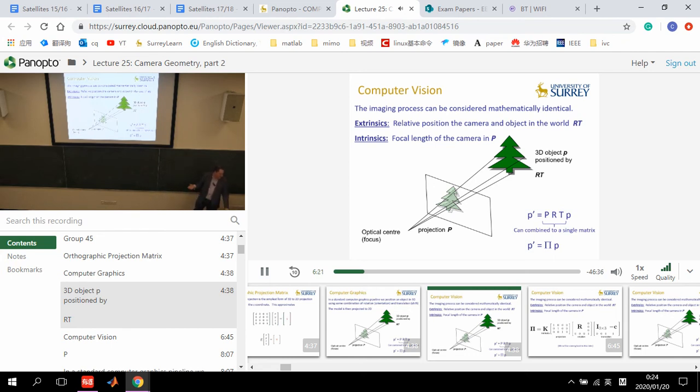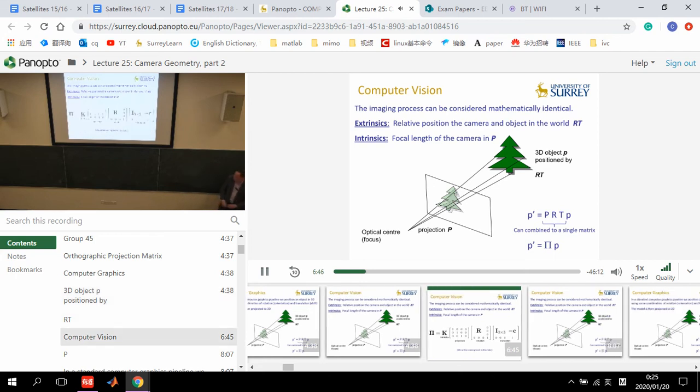They're talking about basically the relative position of the camera to the object in the world. And then the intrinsics are the internal parameters of the camera. So far, we've just talked about the internal parameter being the focal length, but what we'll see later on today is that there are a couple of others as well. So P encodes the intrinsics, R and T encode the extrinsics. Together, they make the compound matrix transformation pi.